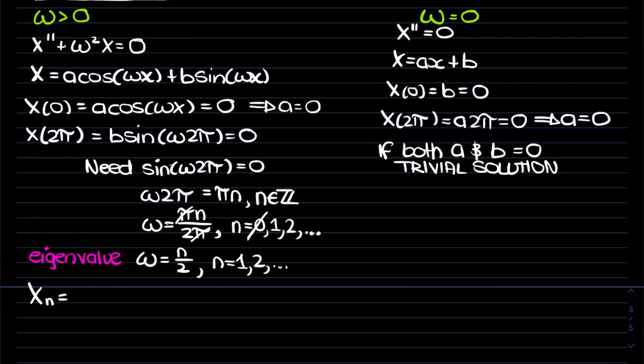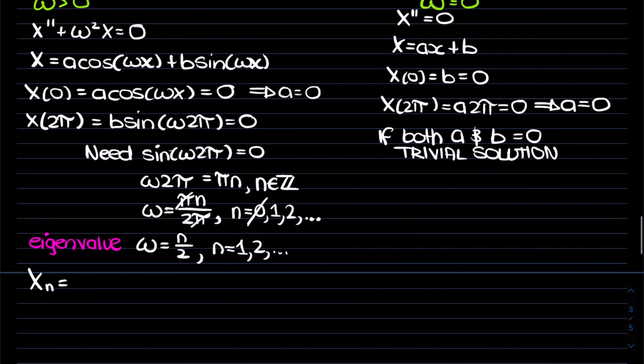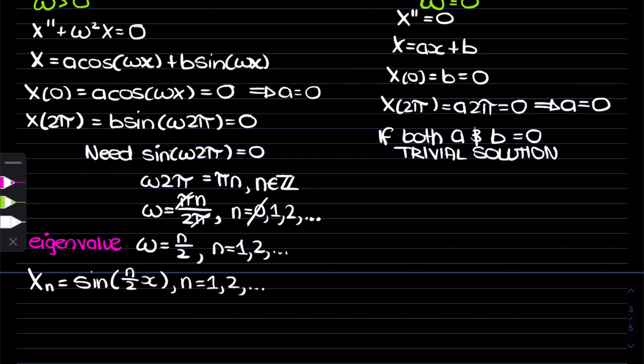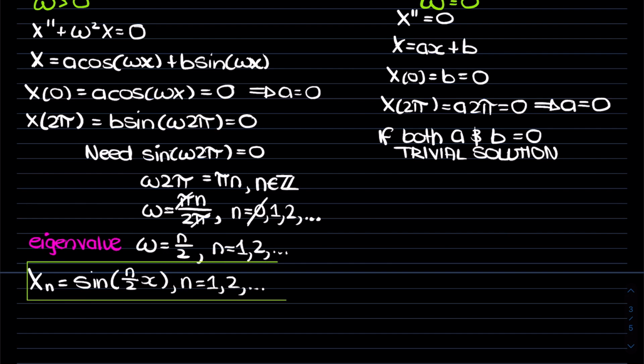So our x of n equals sine n over 2x for n equals 1, 2, and so on. So I'll put this in green because that is an important one as well. This is called our eigenfunction. So I'll write that next to it as well.